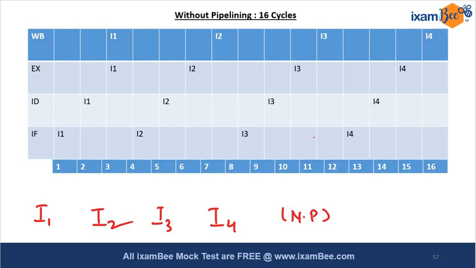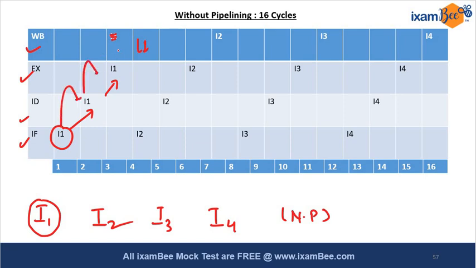There are 4 cycles: fetch, decode, execute and write back. Every instruction will have these 4 cycles in order to complete. I1 will start from fetch, then go to decode, then execute and then write back. So one after another the thing will happen.